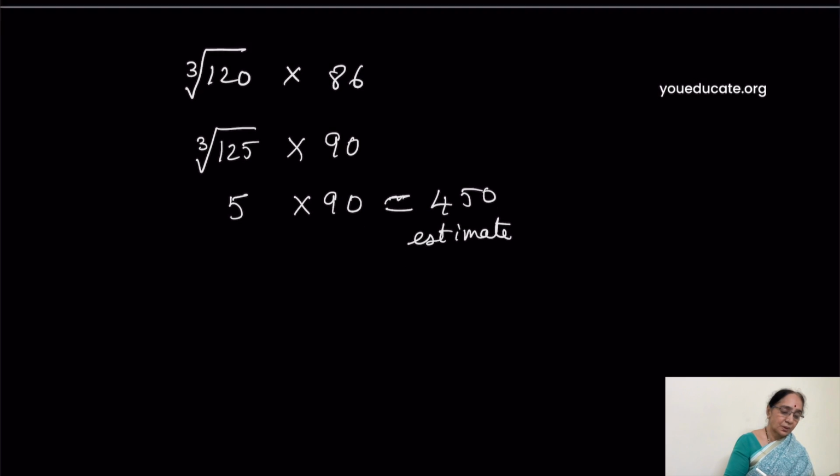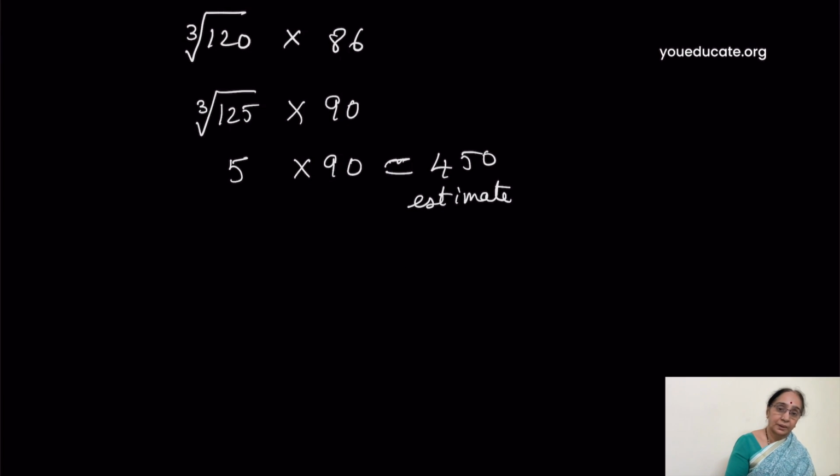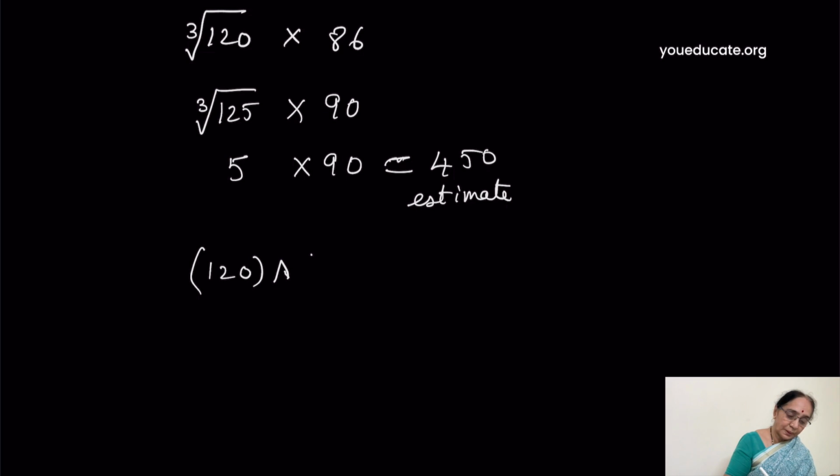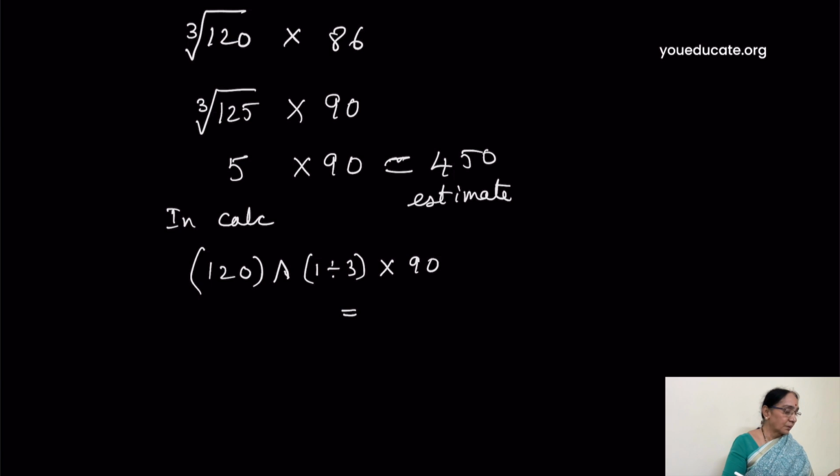Now if I do this on the calculator, how do I enter this cube root of 120? You type in 120 in parentheses, then you write this raised to the power, and then you do 1/3, 1 divided by 3, and then multiply 90. This is how you will enter it in your calculator. And what does that give me?